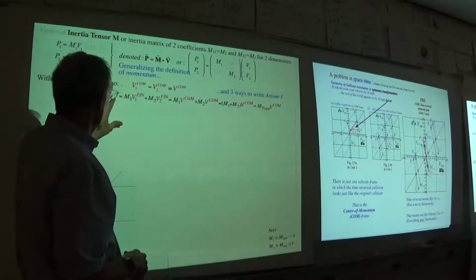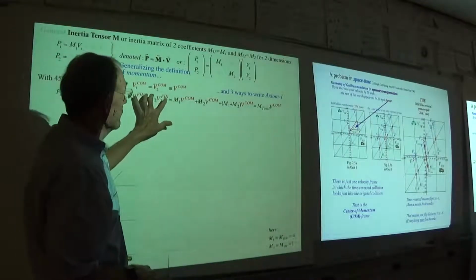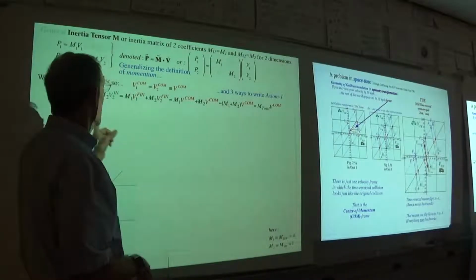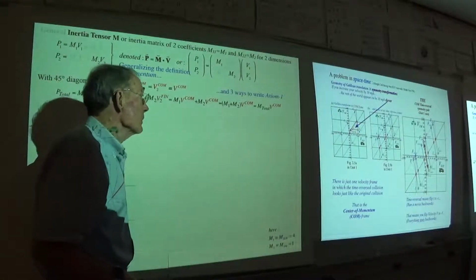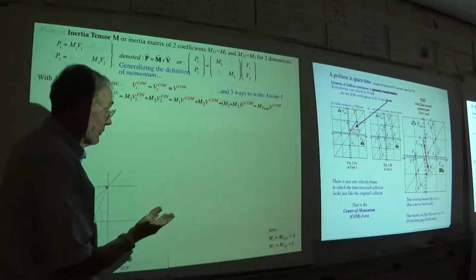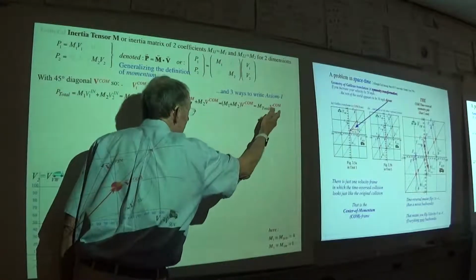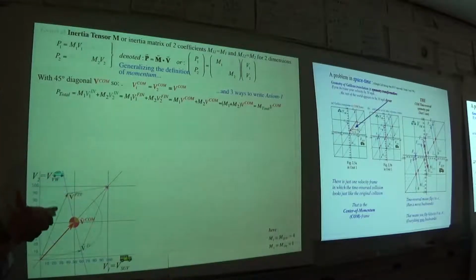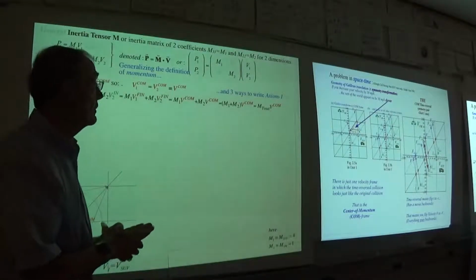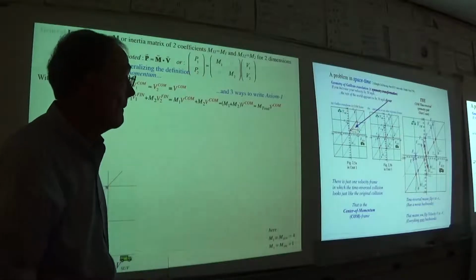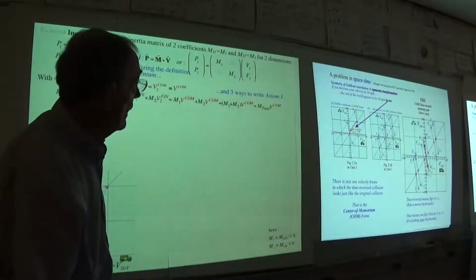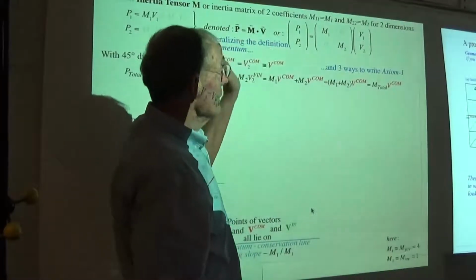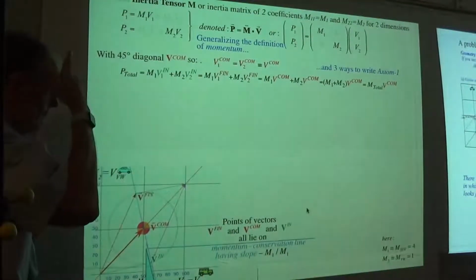This being the initial, this being the final, this being halfway, the COM. All of those sums are equal, and they're equal to the total mass times the velocity of the center momentum. This is regardless of whether it's an elastic or inelastic collision. This is good for everything, so we want to make use of that. We want to see it using the matrix algebra, vector algebra.